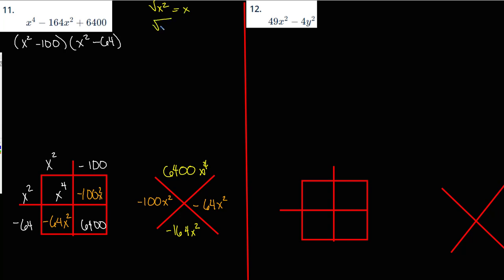I can take the square root of 100, and it gives me 10. So this first one is going to factor into x plus 10, x minus 10. The second one, I can take the square root of x squared, and that gives me x. I can take the square root of 64, and that gives me 8. So x plus 8, x minus 8.